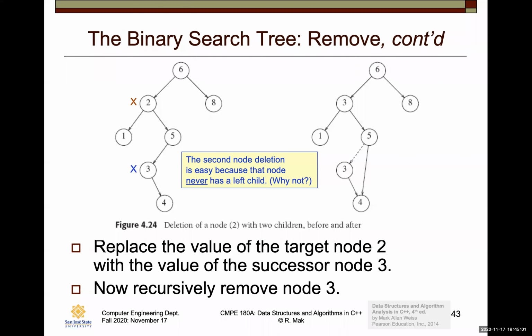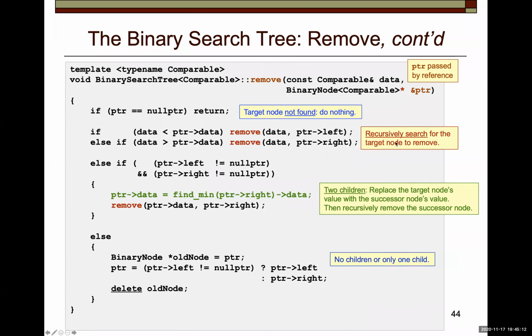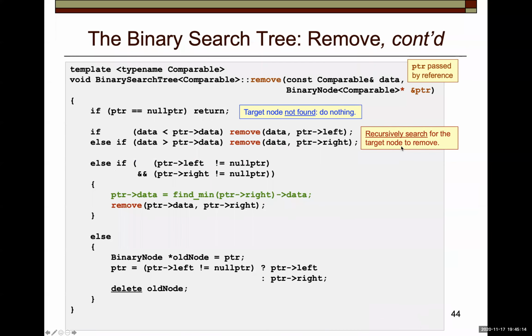Okay. All right. Well, that's quite a lot to take in, and so let's just take a quick look at the code. Okay, we're going to remove a node that has a certain value in there, and so we first have to do a search to find the node, and so here I'm doing a recursive search.